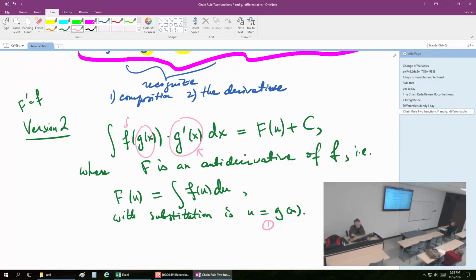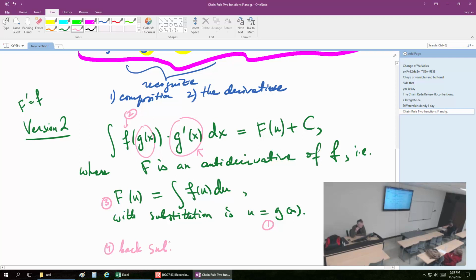Then we carry out the substitution, but not before. And then we carry out the integration. So this is the last step. This is 2, and this is 3. The actual integration with respect to the new variable is the last step, and step number 4 is back substitution.